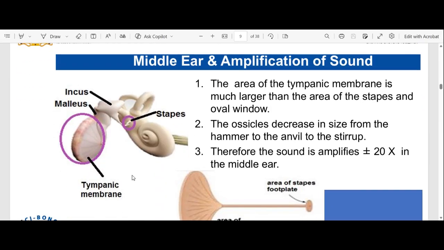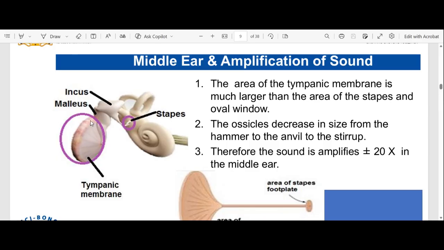So now let's look at the structure of our middle ear and the amplification of sound. This is our tympanic membrane, right?